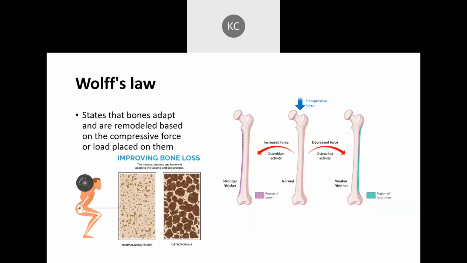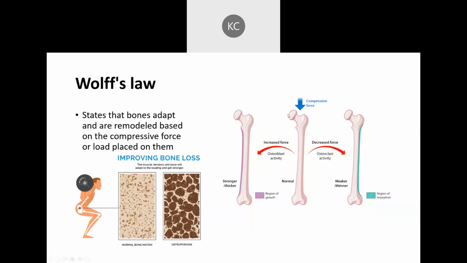In other words, if we're not using our bones, our body senses that and says, okay, all this calcium that's in the bone, we're going to pull it and use it elsewhere. We're going to use it in the blood for blood calcium levels, or for clotting, or for the transmission of electrical signals, whatever it may be. That means our bone is going to become weaker and thinner as a result of the lack of activity.